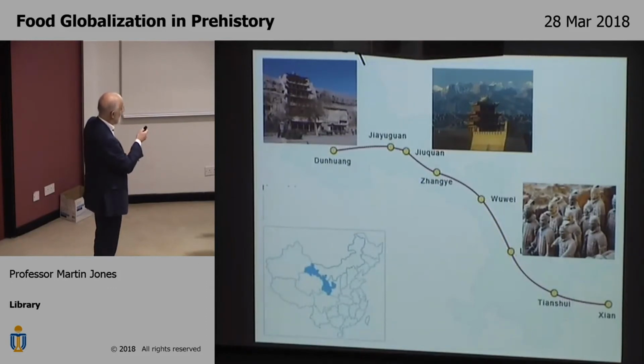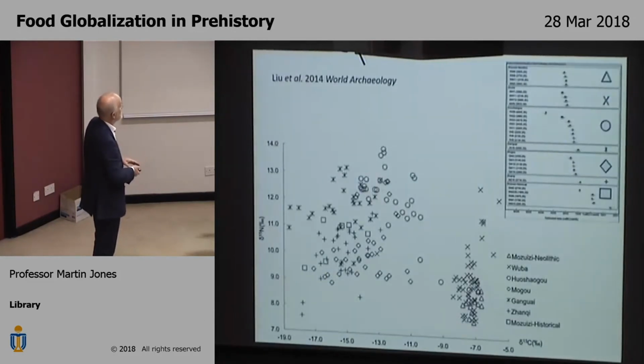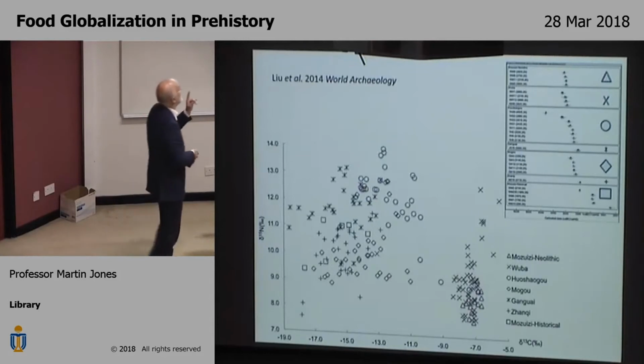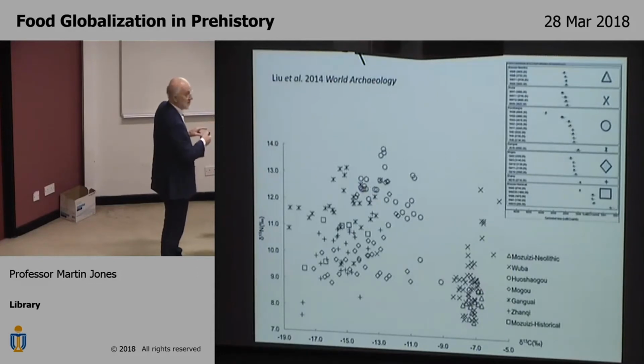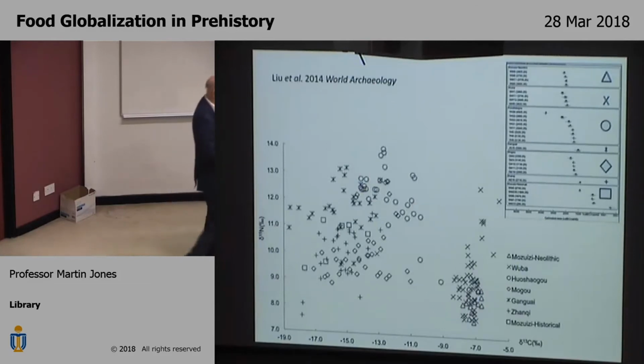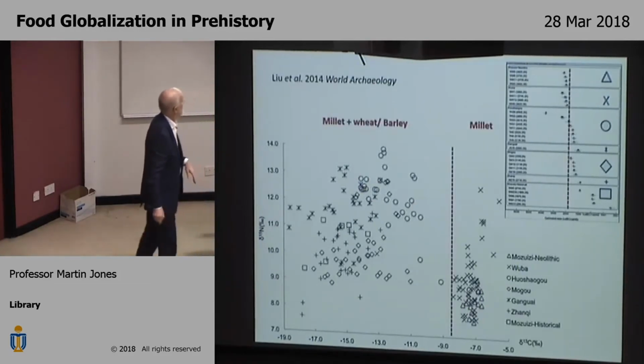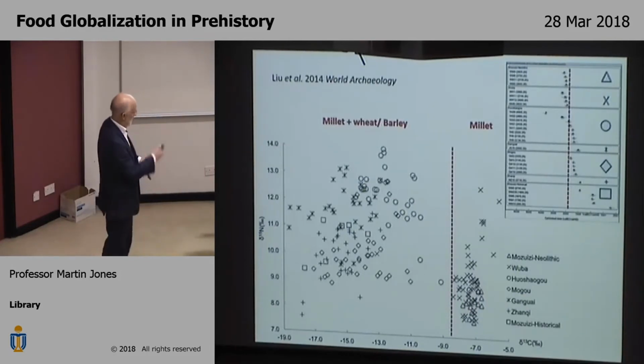Along this corridor, we've had a number of cemeteries around that date, and also done isotopic work on them. These are a series of sites, and those figures show the dates, and those are the isotopic results. I realise that doesn't make much sense at the moment, so I'll put a line on it so you can see what's happening.